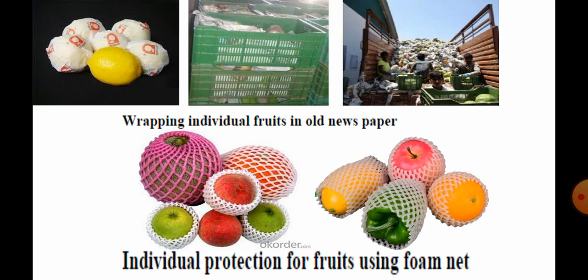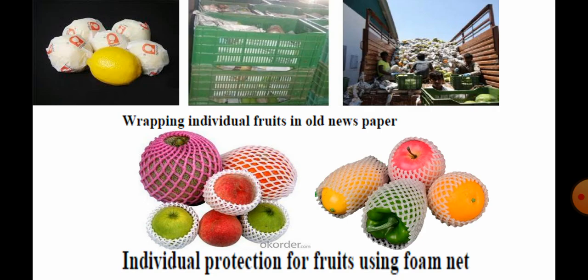Other than this, paddy straw and wheat straw are used as cushioning materials. What are the advantages or benefits of cushioning material, or why are cushioning materials used? Because cushioning material avoids bruising to individual fruits. It creates its own environmental condition for that fruit.